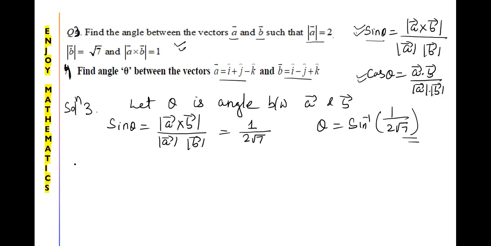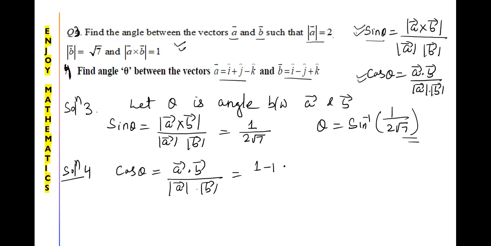Now solution 4. Find angle theta between the vectors A and B. So here we can start directly. Cos theta equal to A dot B divided by magnitude of A into magnitude of B. So A dot B, you can say 1 into 1, 1 into minus 1, minus 1 into 1.